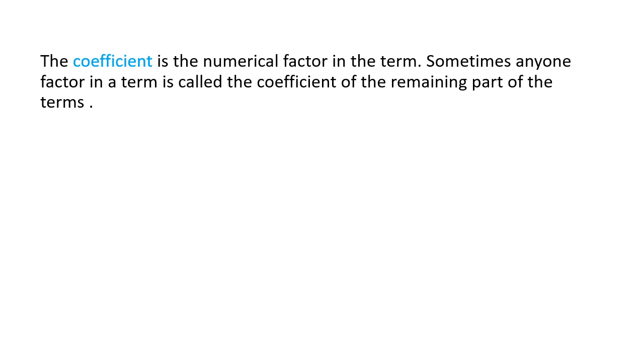Suppose you get only one term and they ask to find the coefficient of a particular variable. For example, find the coefficient of y in minus 6pqrxy. Here only one term is there, but so many variables are there, right? Minus 6pqrxy, totally 5 variables, but they told you to find the coefficient of only y.